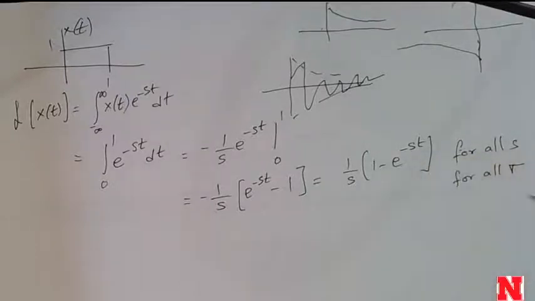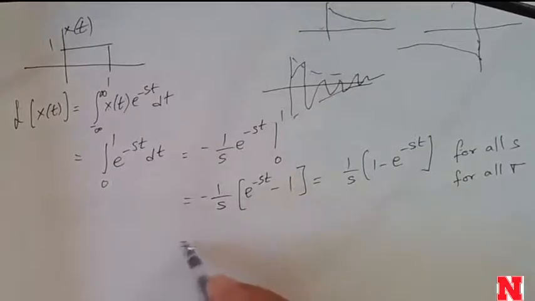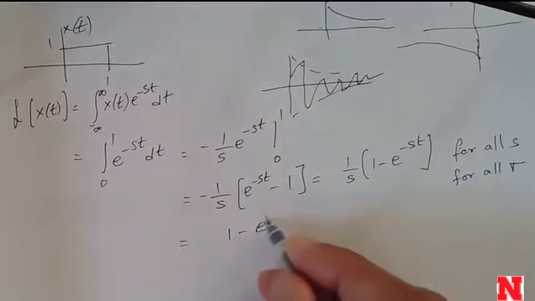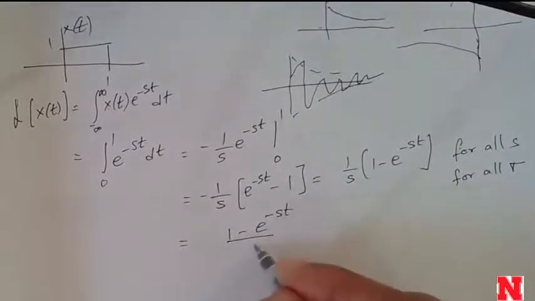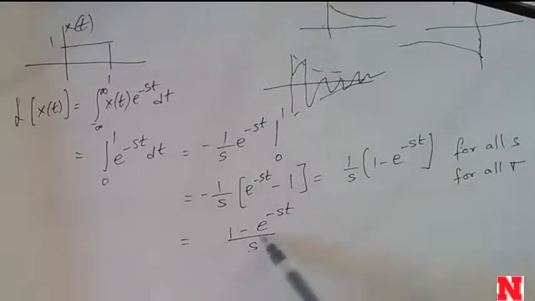Some of you might look at it and say, wait a minute, when s is equal to 0, this is going to blow up. But it doesn't, and you can try it out. This is just 1 minus e to the minus st over s. When s is 0, the denominator is 0, but the numerator, e to the power 0 is 1, so I've got 1 minus 1 is 0. So the numerator is 0 and the denominator is 0.